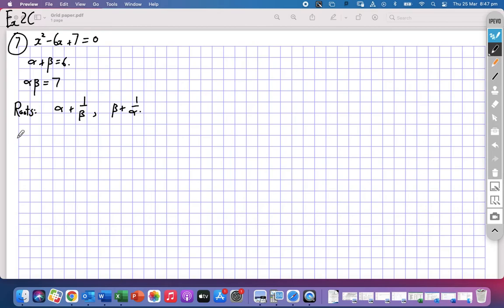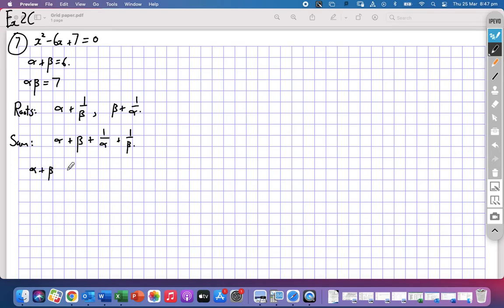Okay, so what would the sum look like? Sum of roots would be alpha plus 1 on beta, plus beta plus 1 on alpha. Let's do the 1 on alpha first, and the 1 on beta. Okay, now I know what alpha plus beta equals. That equals 6, right? This other part I'm not so sure yet, so let's have a look.